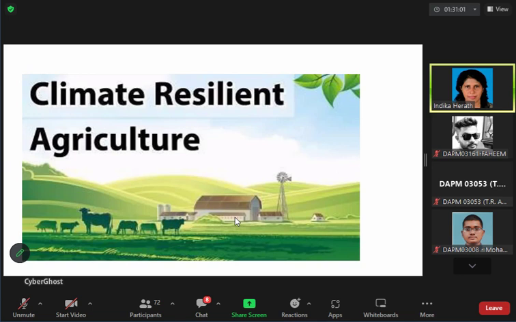Yes, climate resilient agriculture. Why do we need this? Because the pattern of climatic conditions and climatic factors, how they are changing, has been very different in recent years, right?